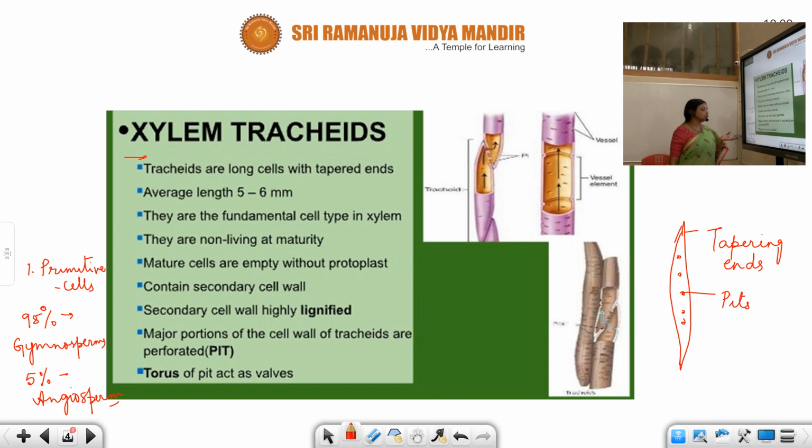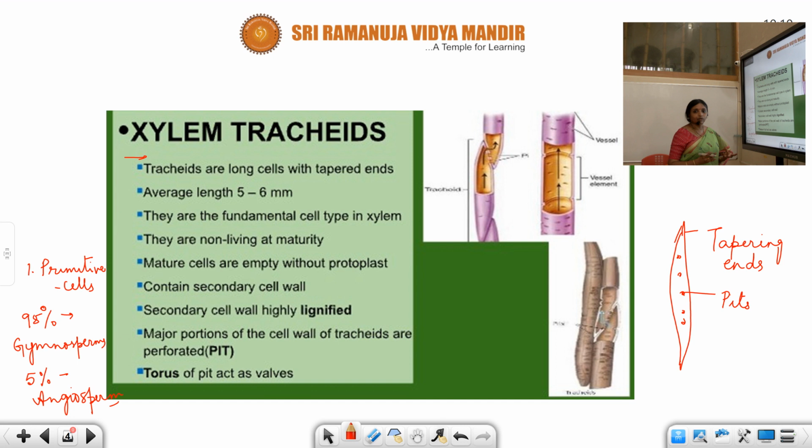They are non-living at maturity. Inside the cell, the protoplast is dead, so these are called non-living. The nucleus is also not found, because there is no requirement of cell division. They do not undergo any nuclear division or cell division. So both the protoplast and the nucleus are not present.